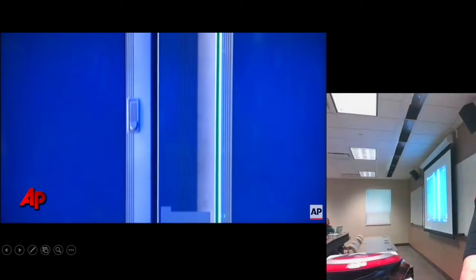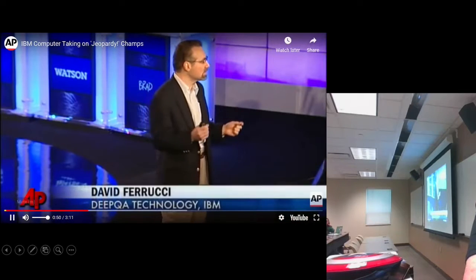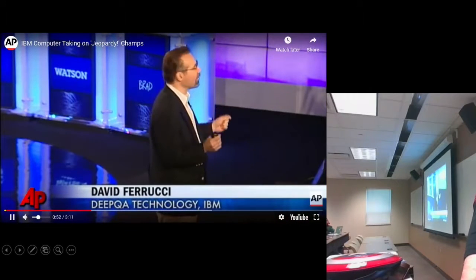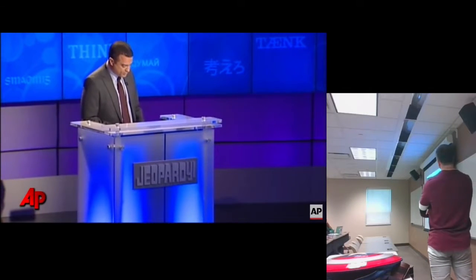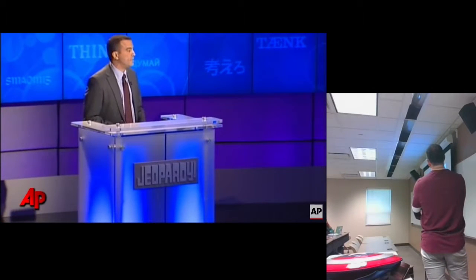So how does it work? It's a massively parallel probabilistic evidence-based architecture. That's a mouthful. But the way to think about it is it's taking that clue, that category, and the surrounding clues in that category, dissecting it, understanding it from many different dimensions. Watson, Rutter, and Jennings played a demo round for the press, and Watson didn't hold back. I've never said this on TV.